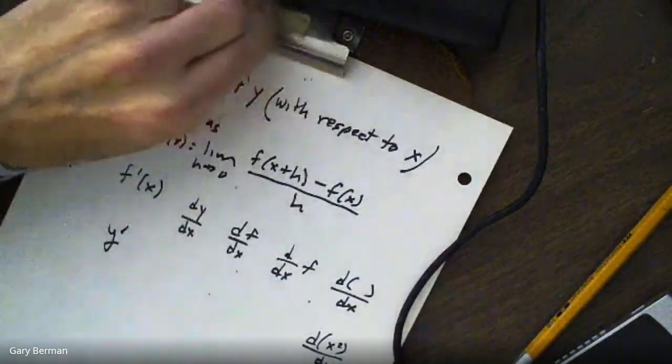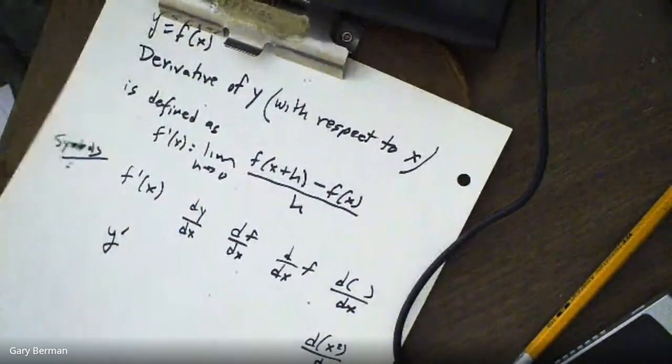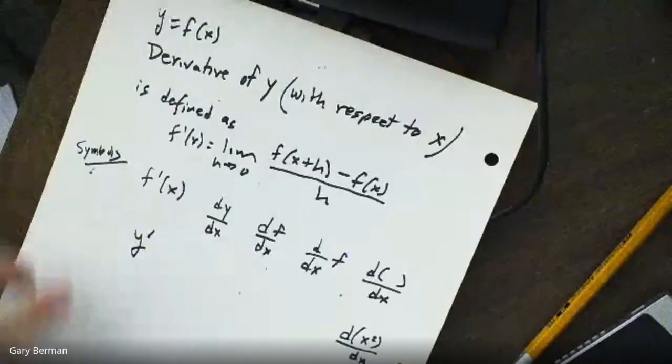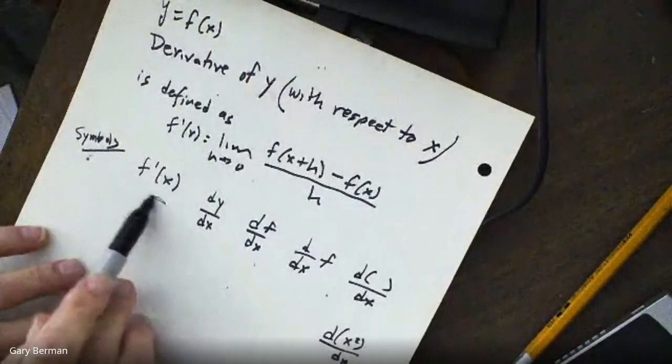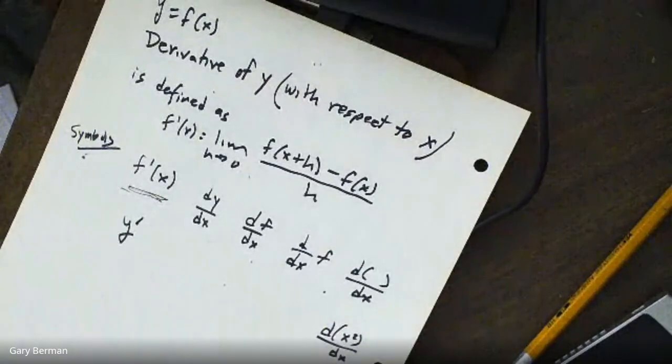Okay, let me just give one quick historical footnote. This f prime notation essentially comes from Newton, not directly. The other person who invented calculus, literally at the same time Newton did, was a guy named Leibniz in Germany or Austria.